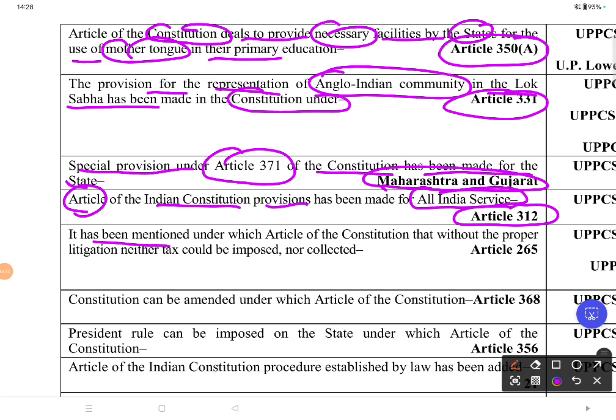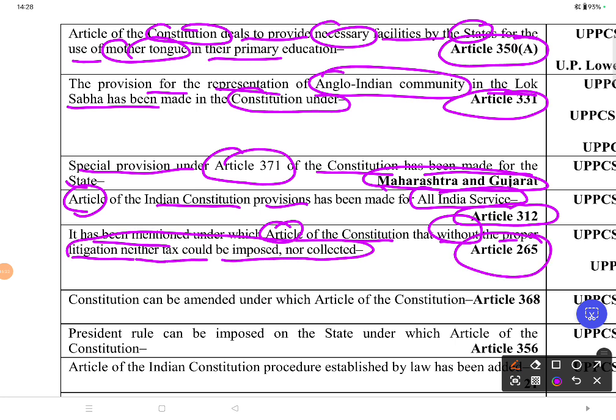It has been mentioned under which article of the Constitution that without proper legislation neither tax could be imposed nor collected? That is Article 265. The Constitution can be amended under which article? That is Article 368. President's rule can be imposed on a state under which article of the Constitution?